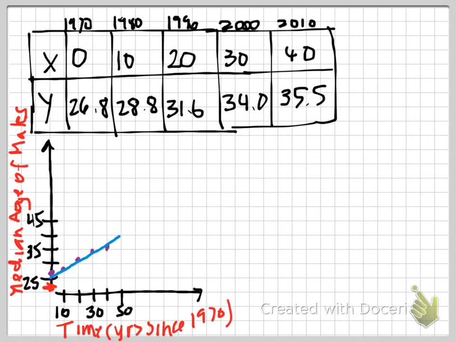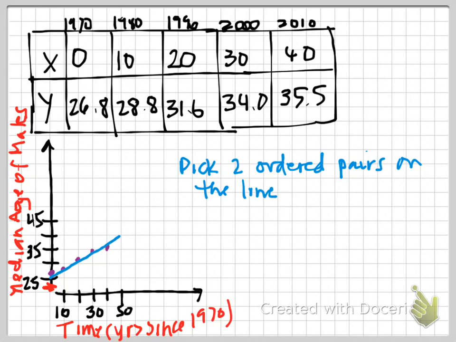Okay, so now what we need to do is to pick two ordered pairs on the line. So that's why you need graph paper to do any of this kind of graphing, because you've got to find it. Now, I'll be honest with you, it may be impossible for us to find exact whole number points. So what we're going to do is just estimate.